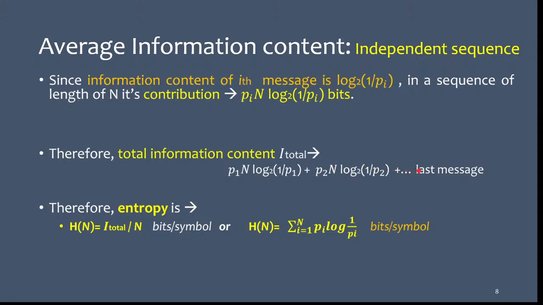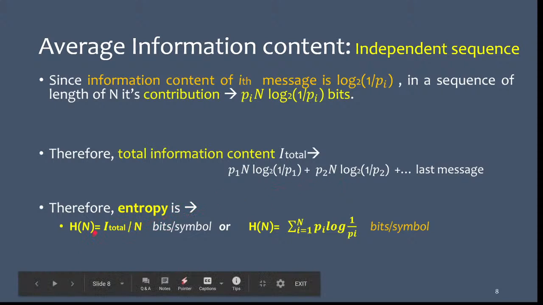Similarly, for all the independent messages, we compute the total, that is the information content of this message. Now the entropy is nothing but the average information content. So it's the total information divided by how many messages there are in the total set of events. So I total divided by n is the entropy or the average information content.